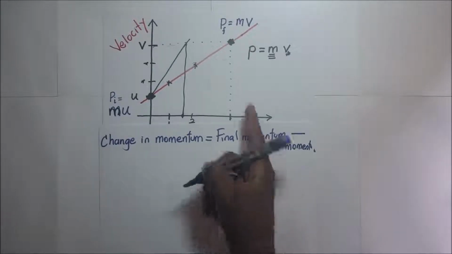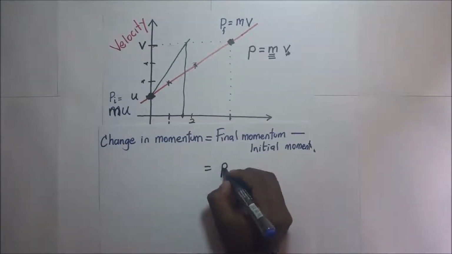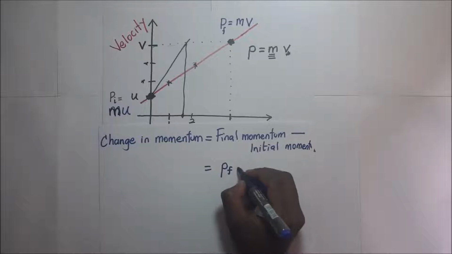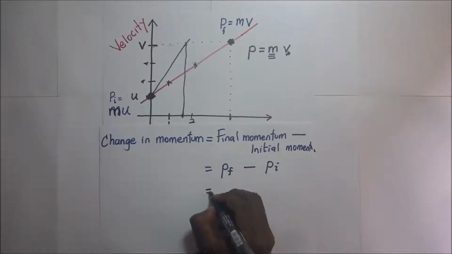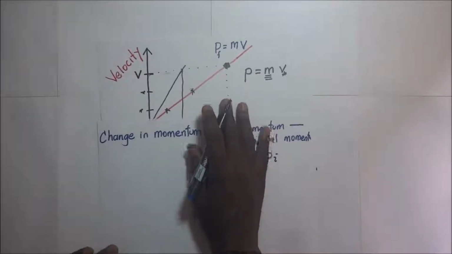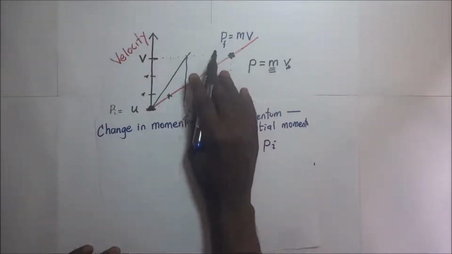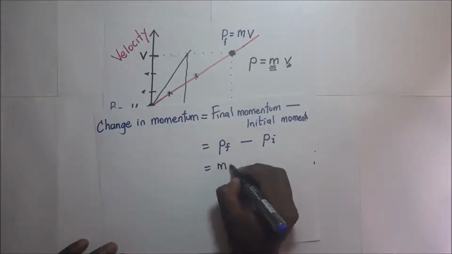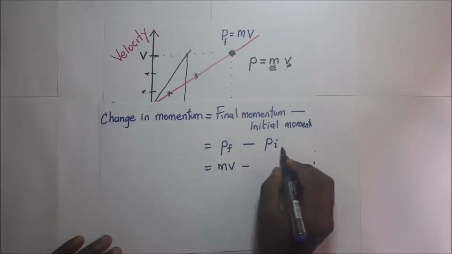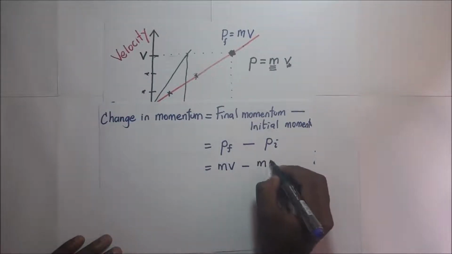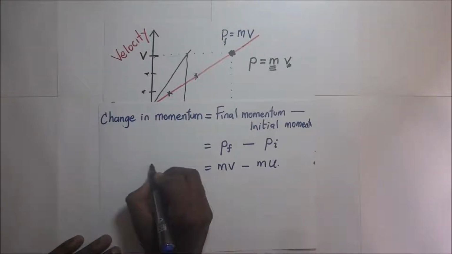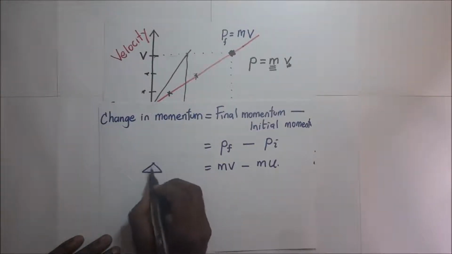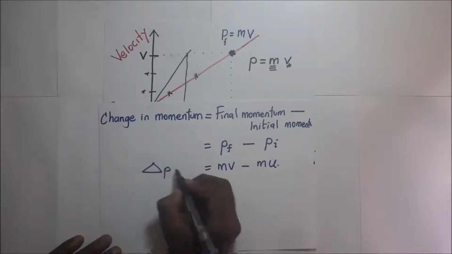Our final momentum, we denoted as pf, minus initial momentum, which is pi. So our final momentum is mass times the final velocity, mv, minus initial momentum, which is mu. So this here is our change in momentum. Delta means change in momentum.